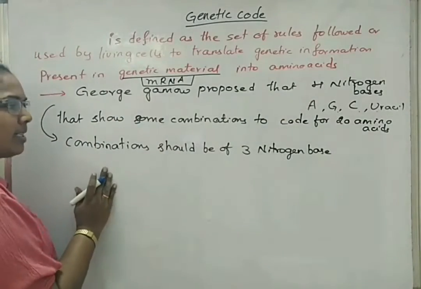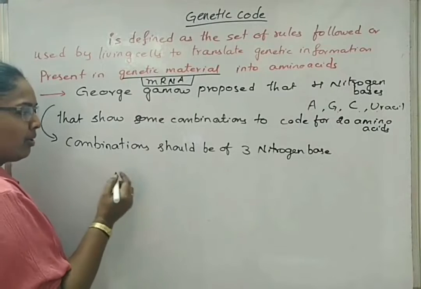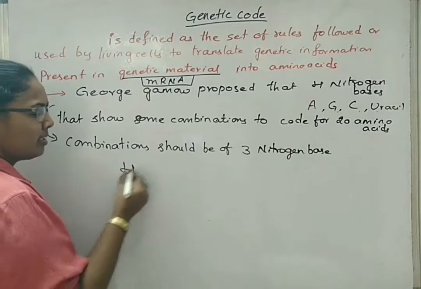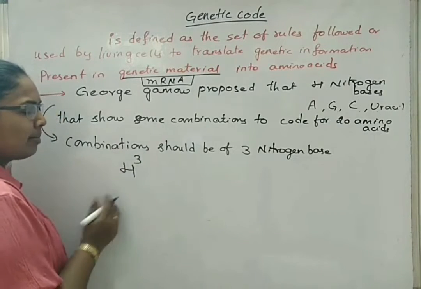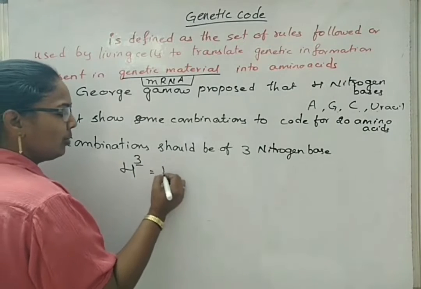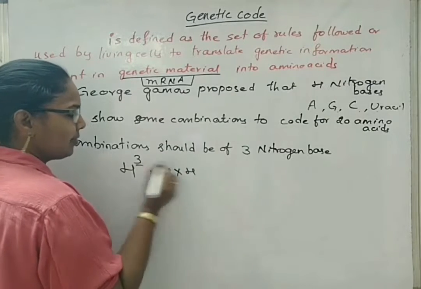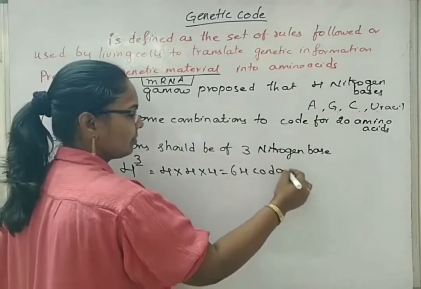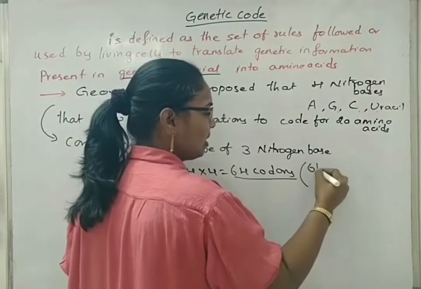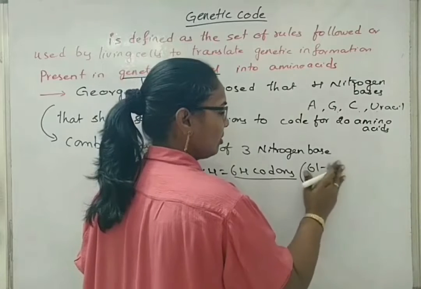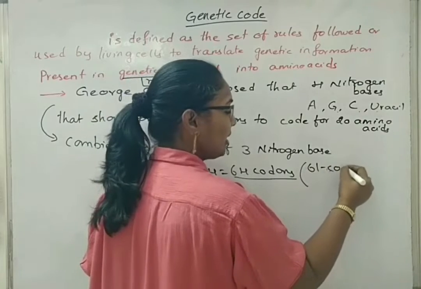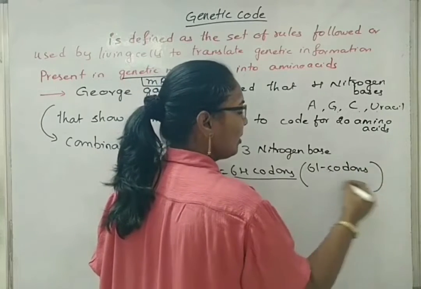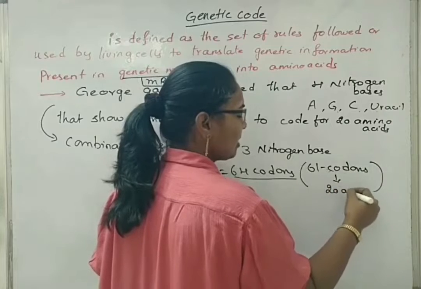This was considered a correct proposition, because if the 4 nitrogen bases are combined 3 at a time, we get 64 codons. And out of the 64, 61 codons or combinations are coding for 20 amino acids.